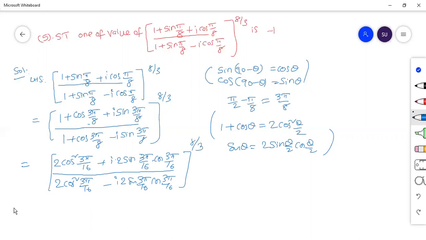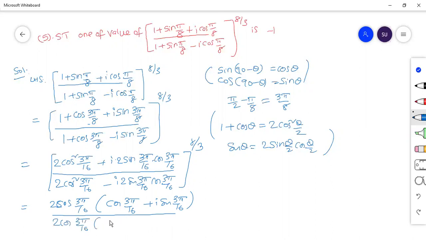Now, what I can take out common here inside: 2 cos 3π/16 take out and common, cancel. 2 cos 3π/16 remains. What? Cos 3π/16 plus i sin 3π/16, divided by 2 cos 3π/16, take out common.